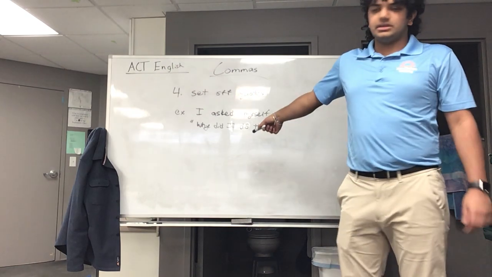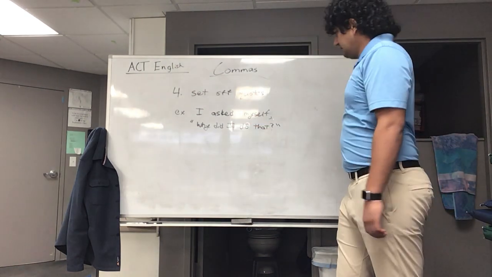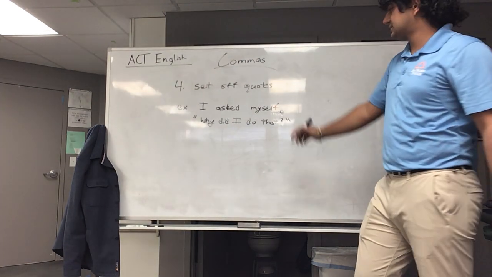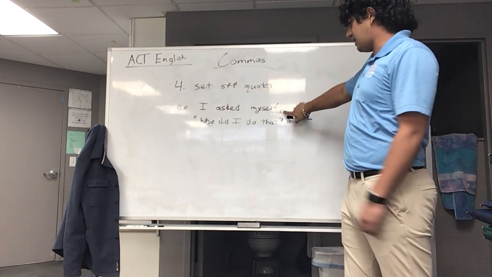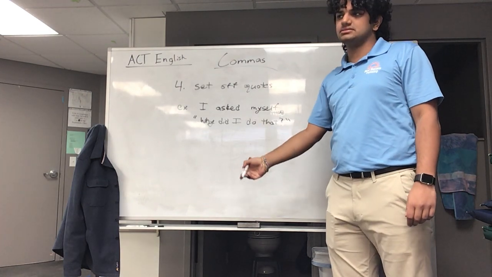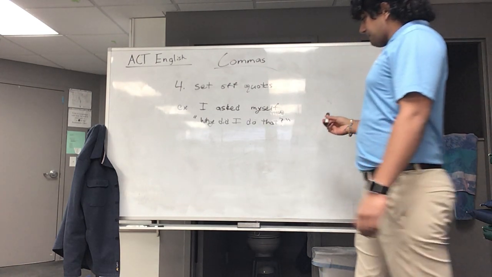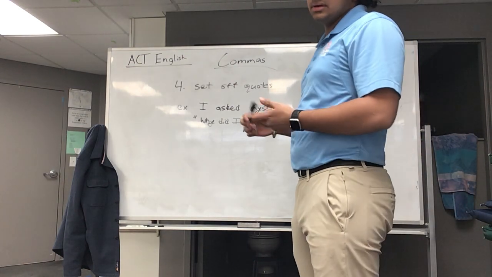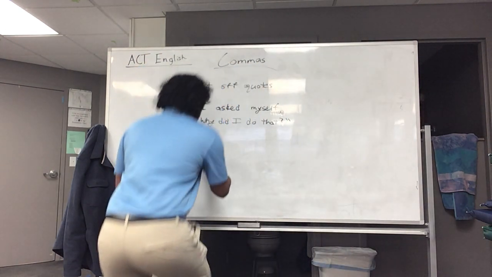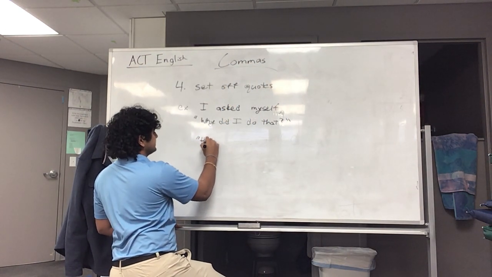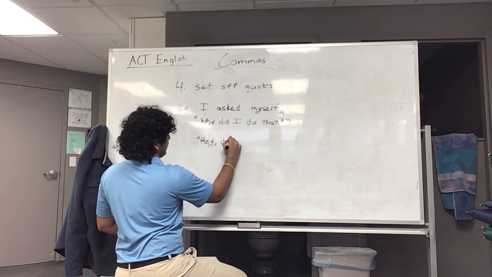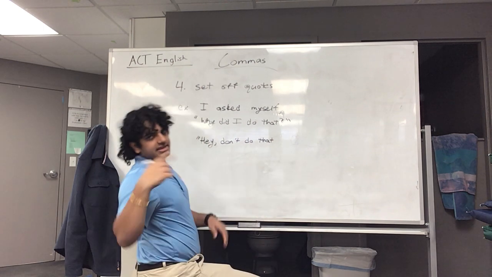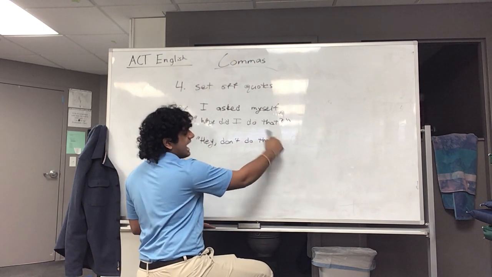So when you have a quote here, the phrase right before it, "I asked myself," has to have a comma to set off into those quotation marks. Now, it also works the other way. So let's say someone's telling you something. Your friend says, "Hey, don't do that." Then if you want to say that he said that, you have to put a comma after.